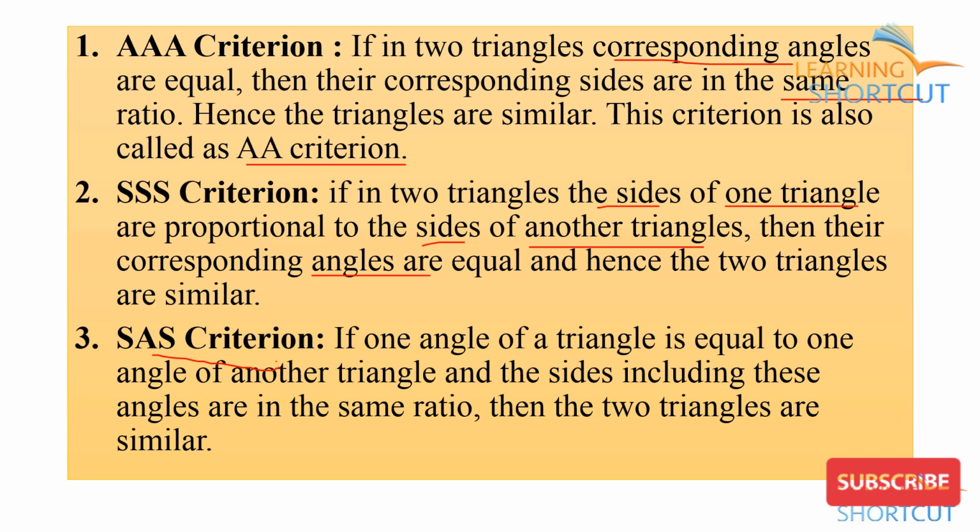Consider this triangle as ABC and the other triangle as DEF. The sides including these angles are in the same ratio, then the two triangles are called similar triangles. So it is the SAS criterion.